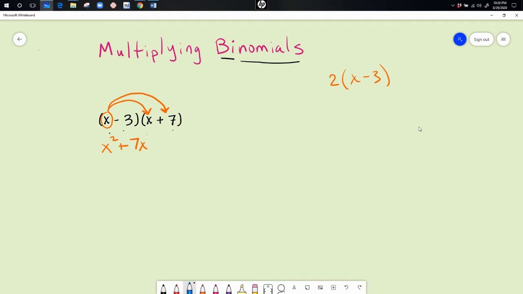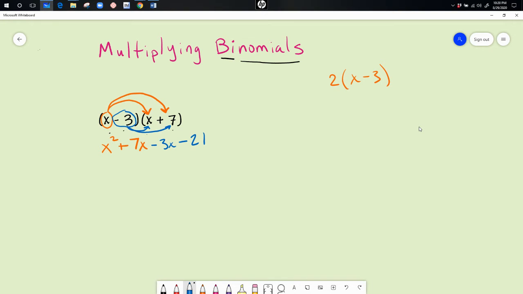Once you're done multiplying the x by everything on the right, now you have to multiply the negative 3. Make sure you take the whole negative, and you take the whole number, meaning make it negative, negative 3. So negative 3 times x is negative 3x, and negative 3 times positive 7, negative 21.